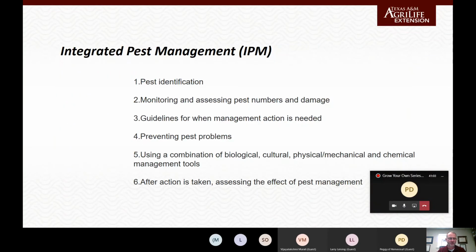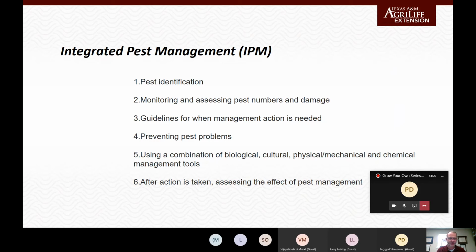All right. So right off the get-go, integrated pest management, and we call this IPM, is a strategic, systematic approach to controlling pest problems in the garden.